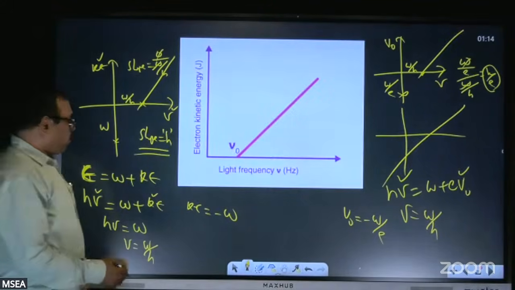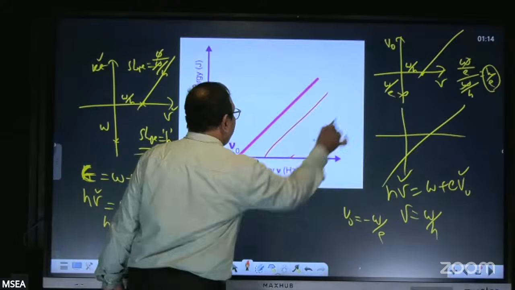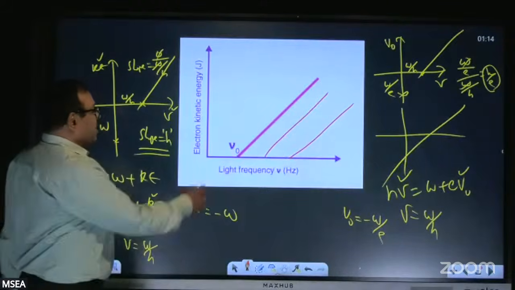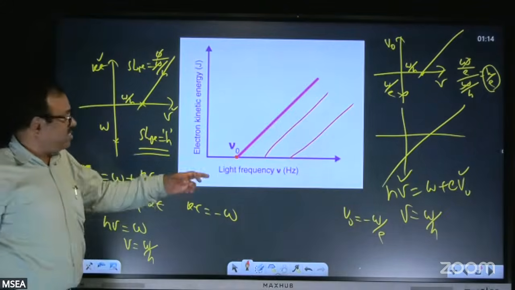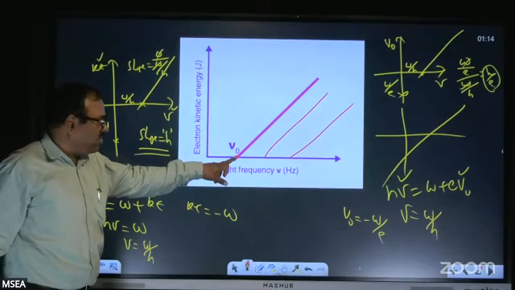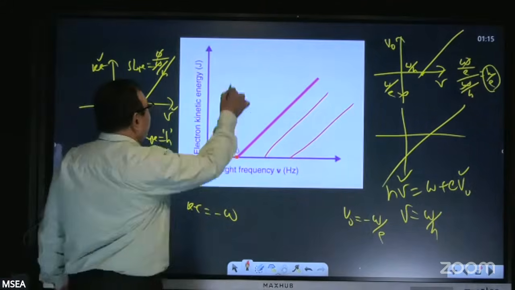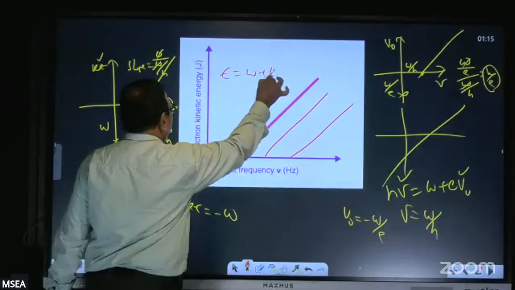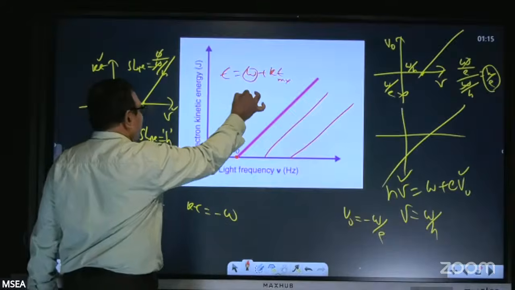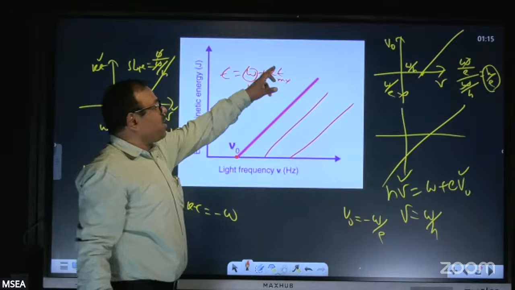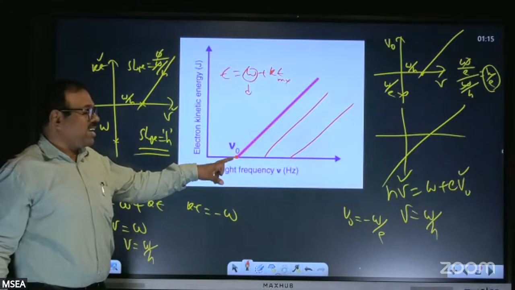Suppose one more graph is given like this, suppose three. Here the stopping potential is less, and the frequency is less, so the work function is less. Energy is equal to W plus Kmax, or the stopping potential. As this is less, the kinetic energy we get is maximum.